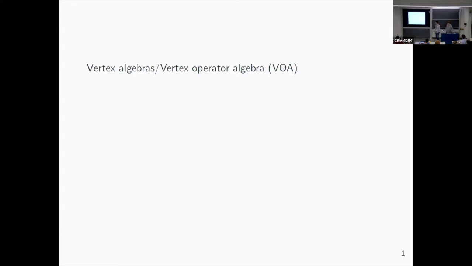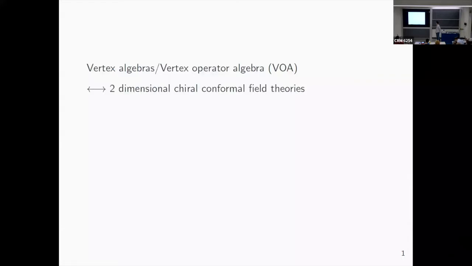Okay, so I loosely identify vertex algebras and vertex operator algebras. These are algebraic systems which give a rigorous algebraic framework for two-dimensional chiral conformal field theory, whatever it is.